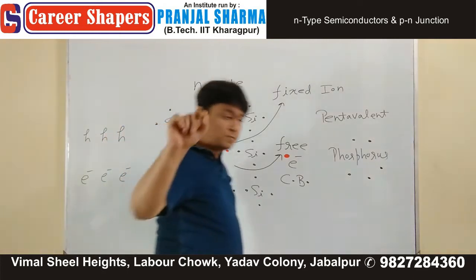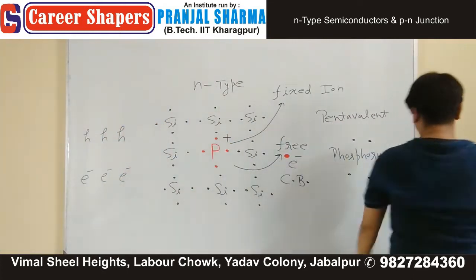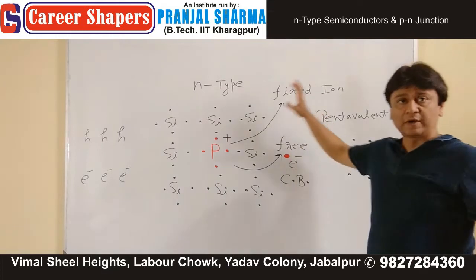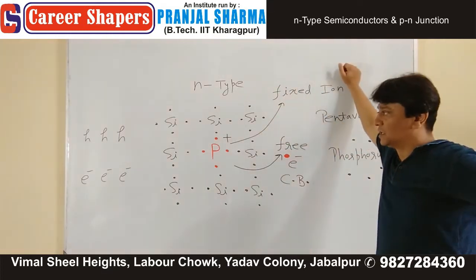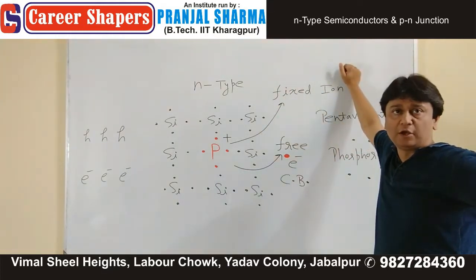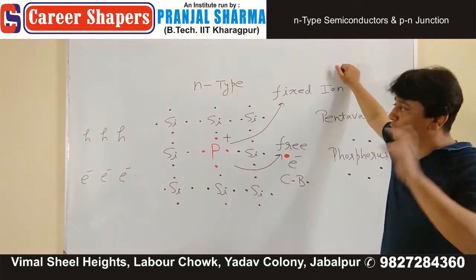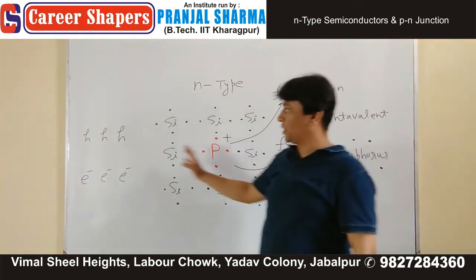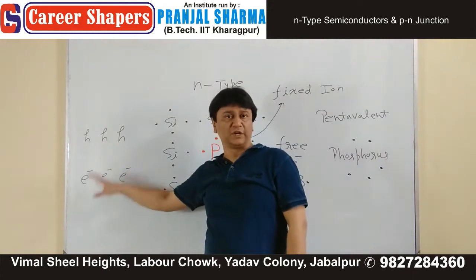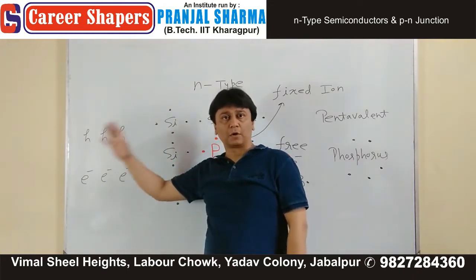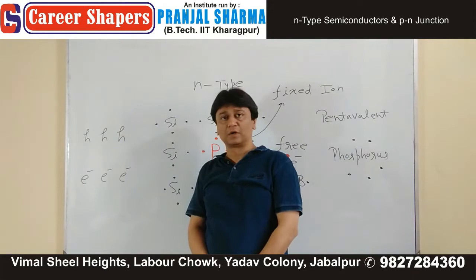As a note mention that the whole crystal is still electrically neutral. Let's say there were 3 holes and 3 electrons initially when it was a pure intrinsic silicon crystal.